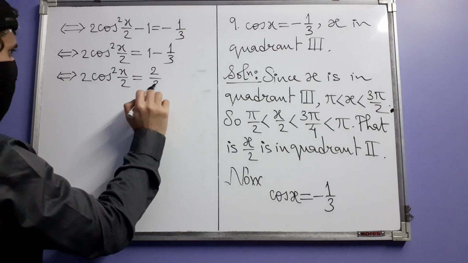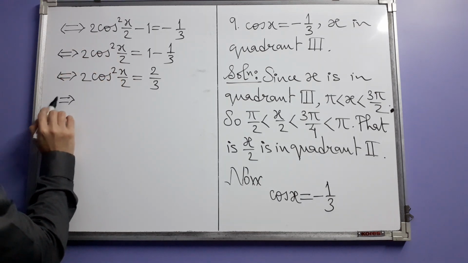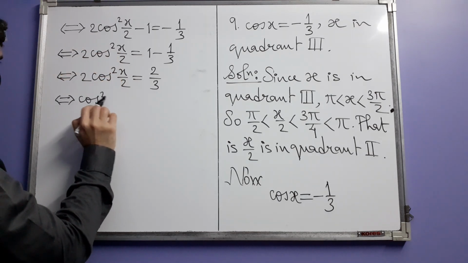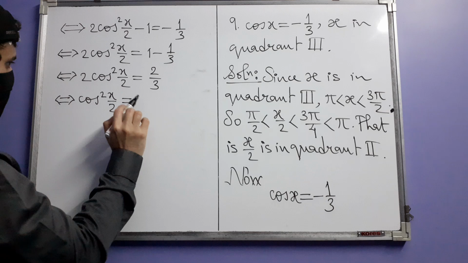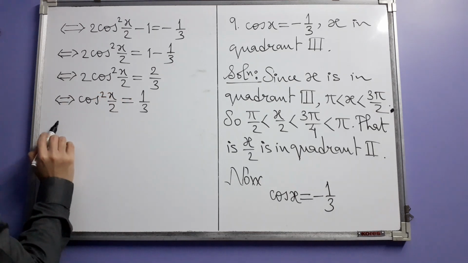So this is 2 over 3. After cancelling 2 from both sides, we get this.